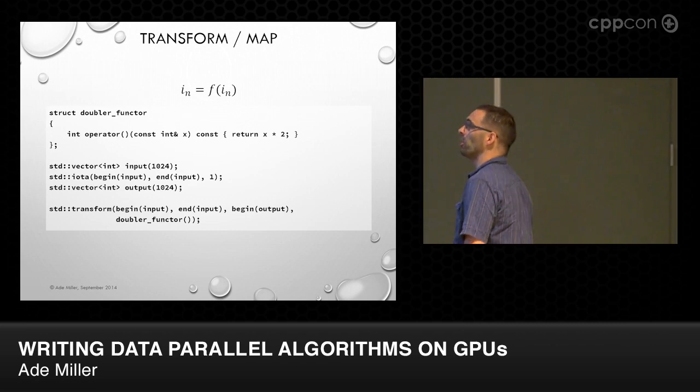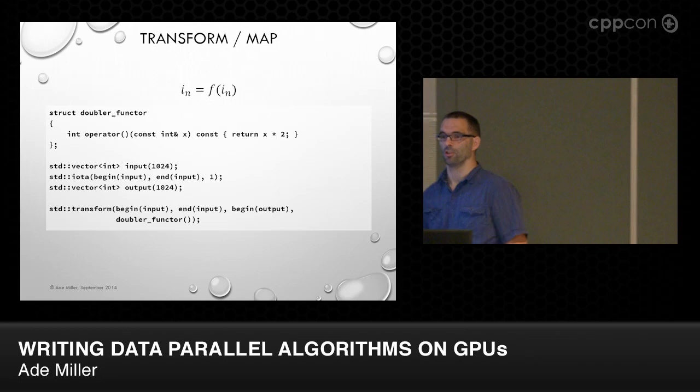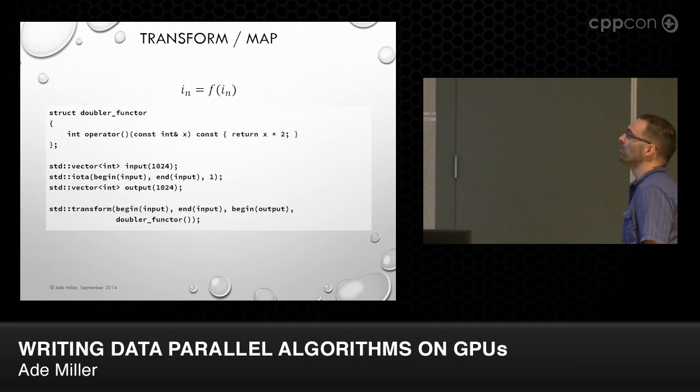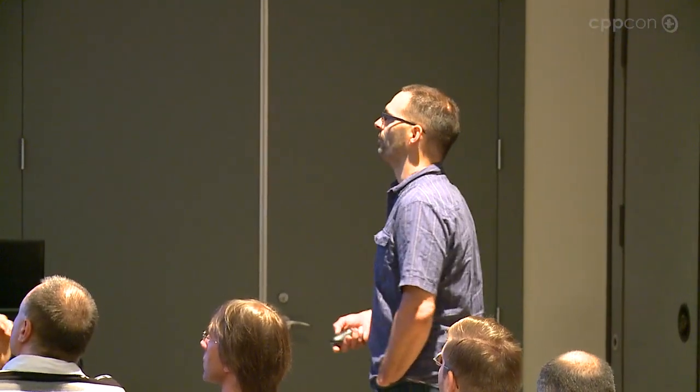The slides I'll be putting on my blog at the end of the presentation if you want to grab them. So I've just declared a functor up here that just doubles the input. And I've created a vector, initialized it, and now I'm going to call transform on it. So that's going to give me what I want. Really trivial and embarrassingly parallelizable, right? There's no dependencies between different elements in the array.